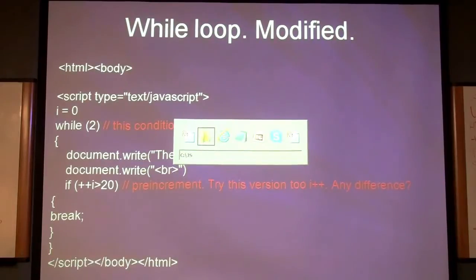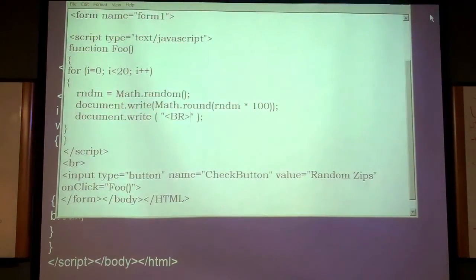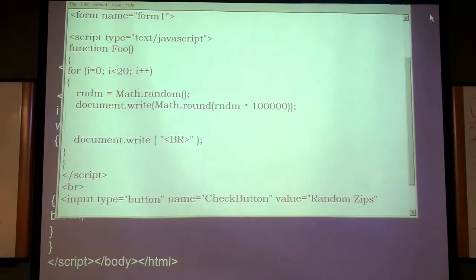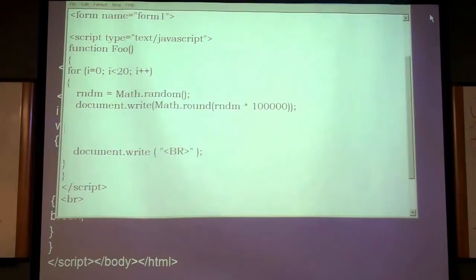Let's do this. In this case, I am multiplying again by 100,000. I'm not printing this yet because I need to check how many digits that number contains, right?